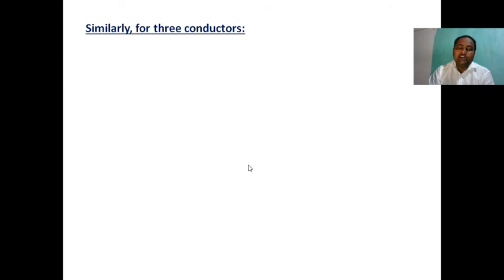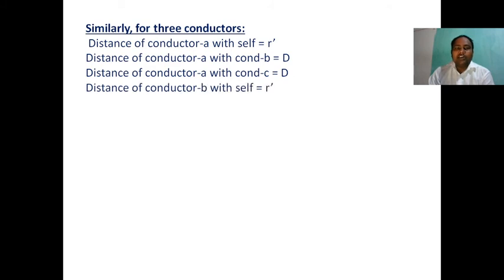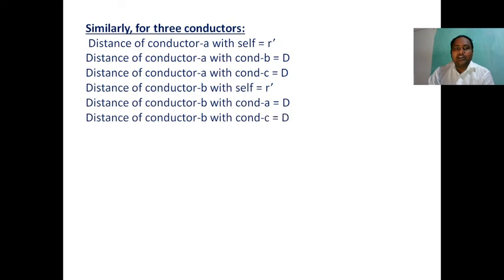Three conductors. Distance of conductor A with self R dash, distance of conductor A with conductor B D, distance of conductor A with conductor C D, distance of conductor B with self R dash, distance of conductor B with conductor A D, distance of conductor B with conductor C D, distance of conductor C with self R dash.